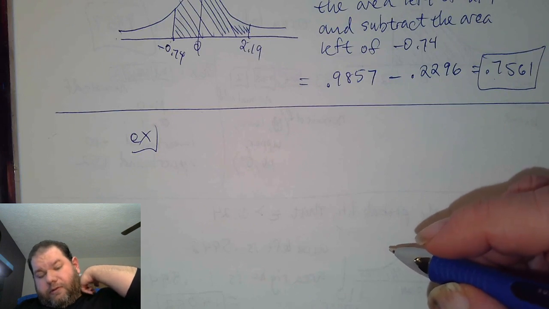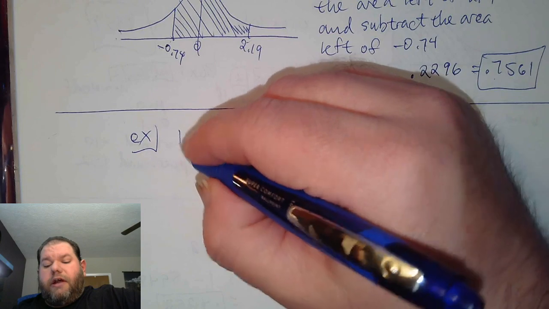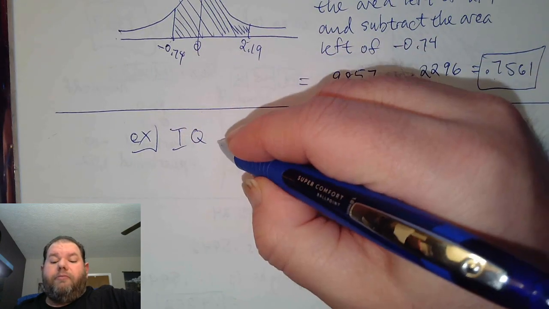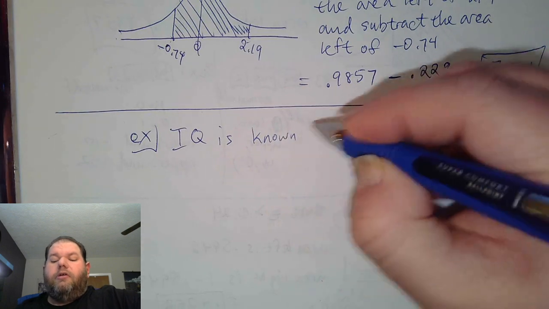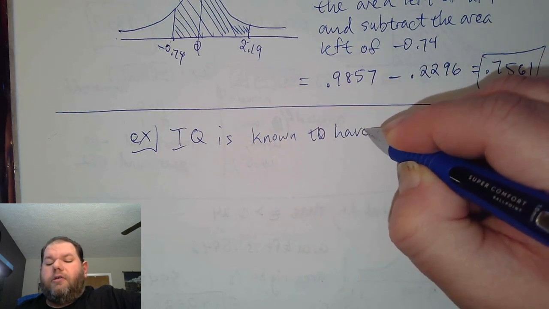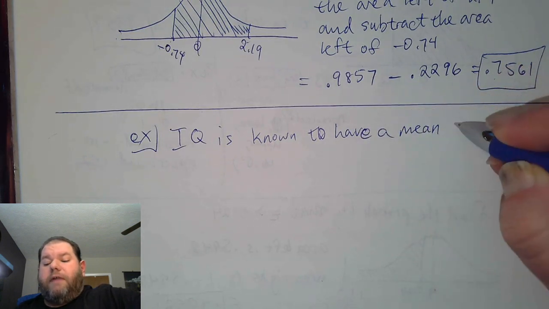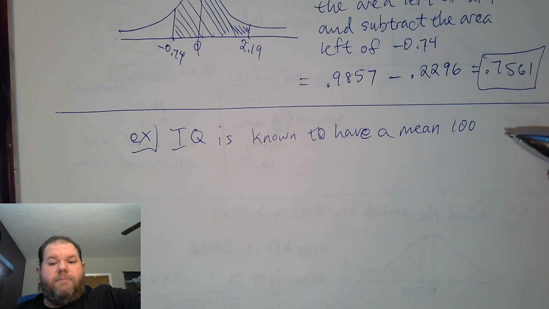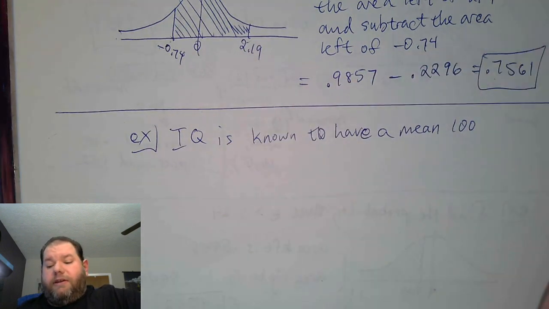For example, IQ is known to have a mean of 100, so the average intelligence of a person is measured to be 100, with a standard deviation of 15.